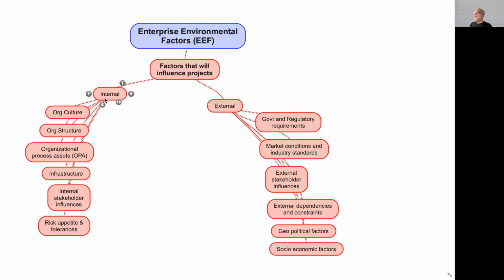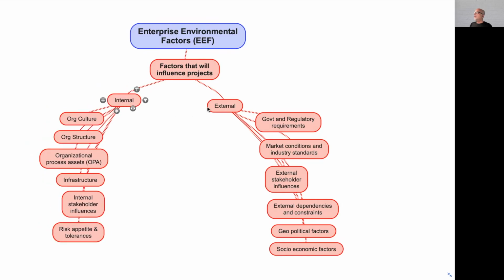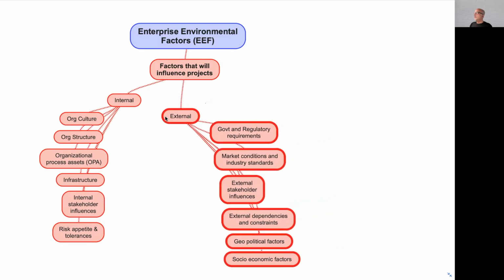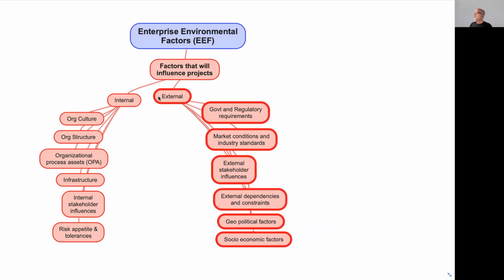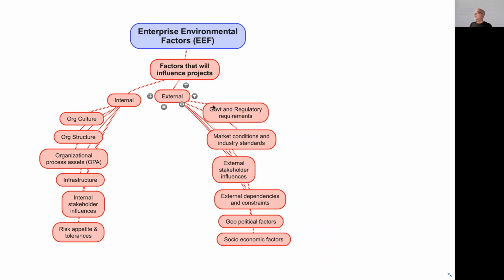Now let us move on to the external factors. Examples include government and regulatory requirements. If I'm constructing a house in my panchayat here, I must be aware of the procedures given by the panchayat.